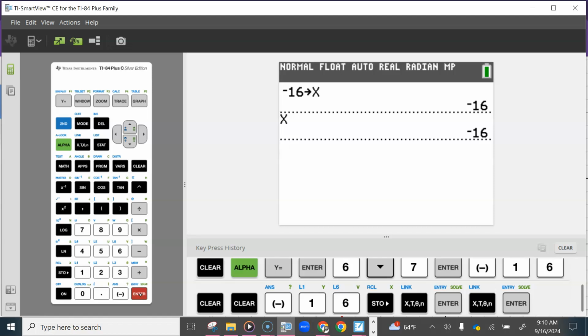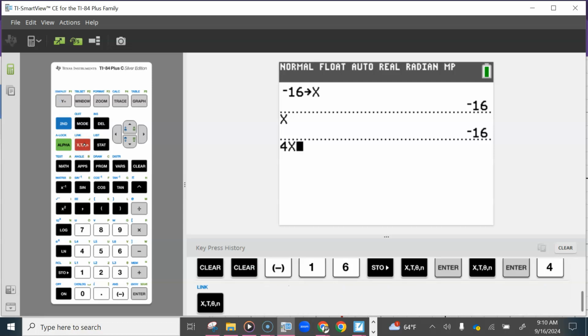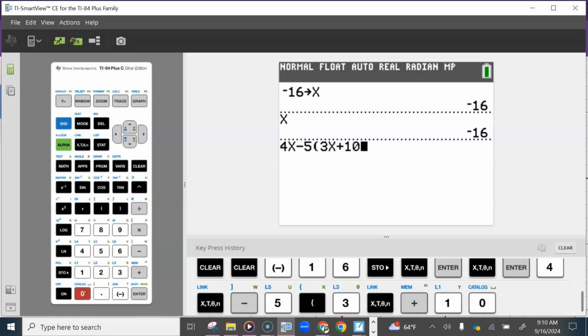So I'm going to do the same thing I did in Desmos and put that number in. 4x minus 5 parentheses 3x plus 10. But I'm also going to put in the equals. So to get there, I need to go into test, which is in blue, right above math.